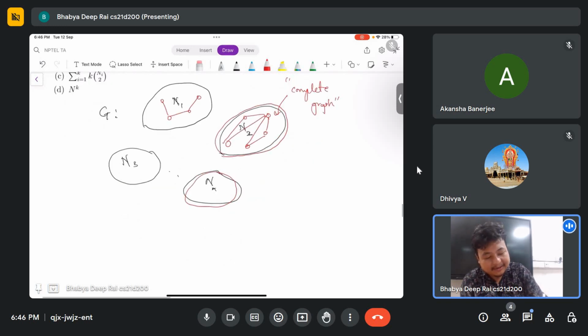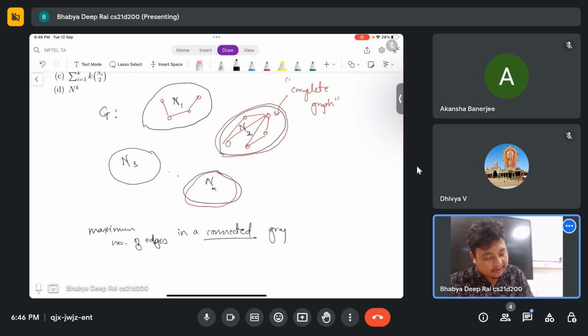Why? Because the maximum number of edges in a connected graph is achieved when the graph is complete.